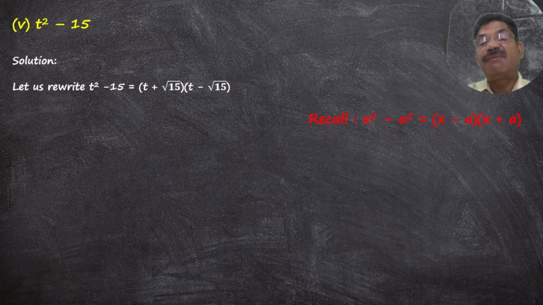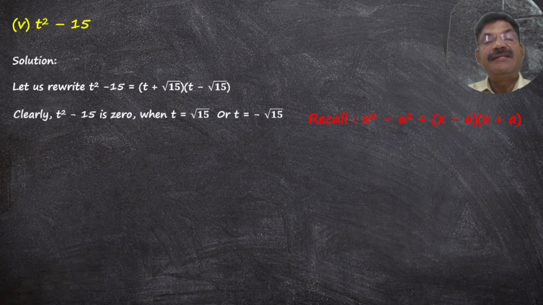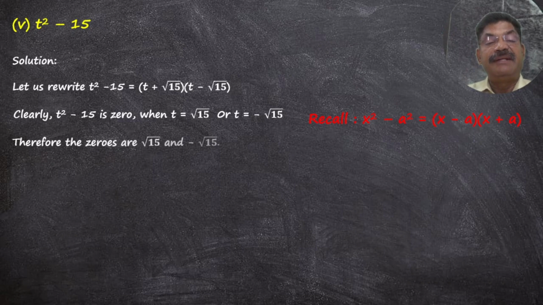I have applied the formula x square minus a square is equal to x minus a into x plus a. Here a is equal to square root of 15. Therefore, you can easily find the zeros of this polynomial, which is t is equal to root 15 and t is equal to minus root 15. The zeros are root 15 and minus root 15.